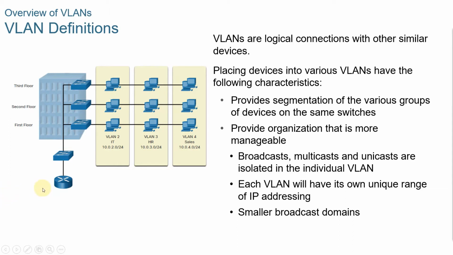A VLAN creates a logical broadcast domain that can span multiple physical LAN segments. VLANs improve network performance by separating a large broadcast domain into smaller ones. If a device in one VLAN sends a broadcast Ethernet frame, all devices in the VLAN can receive the frame, but devices in other VLANs do not.